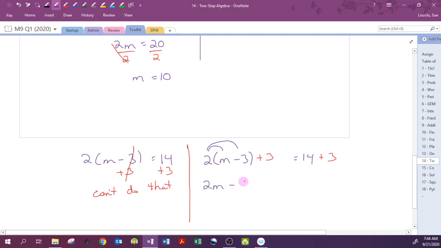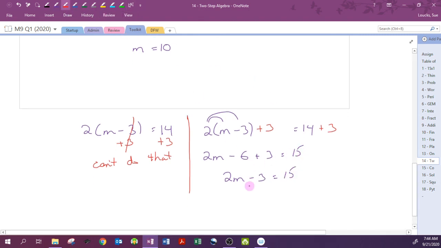So I have 2m minus 6 plus 3 equals 14 plus 3. Oh, 14 plus 3 is not 15. 14 plus 3 is definitely not 15. I was getting the wrong answer there. That wasn't going to work. It's 17.